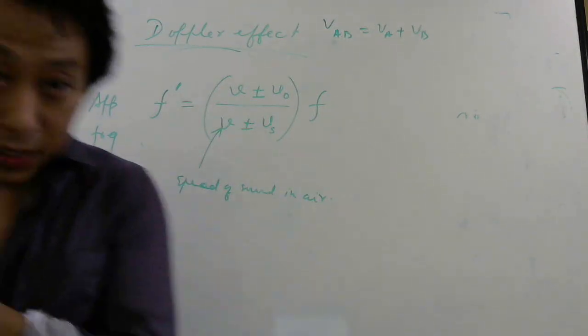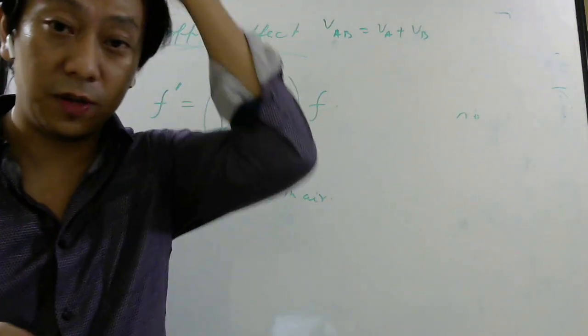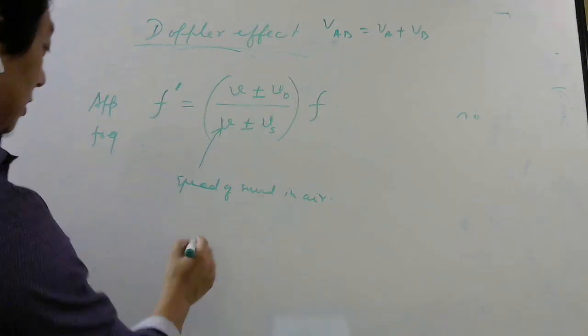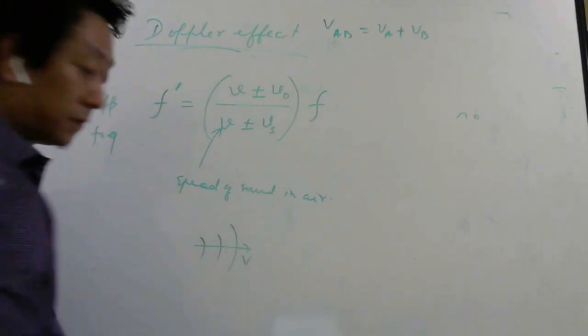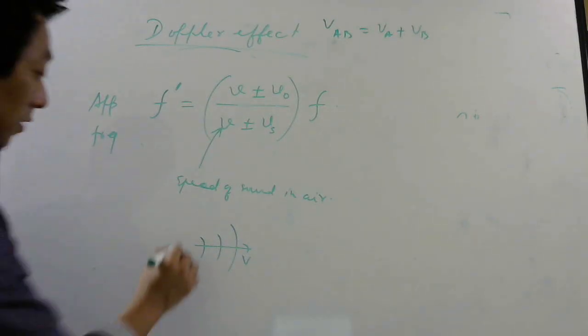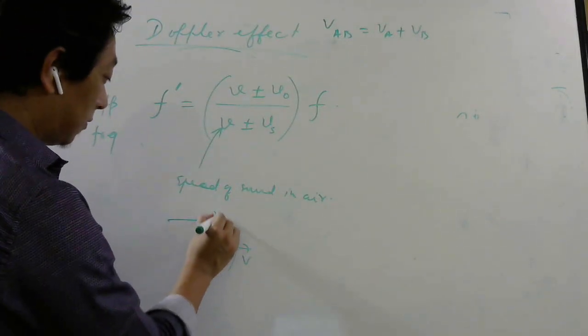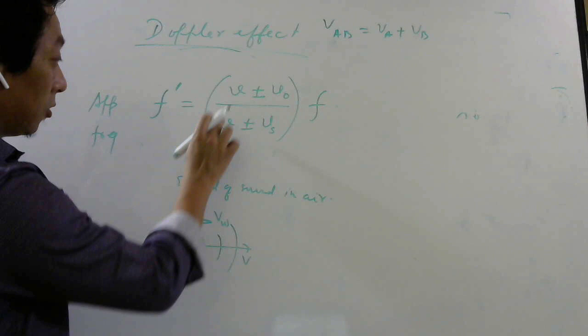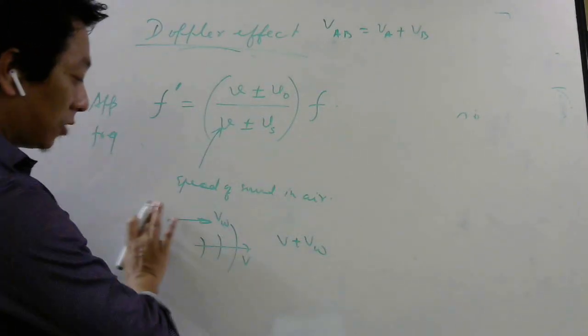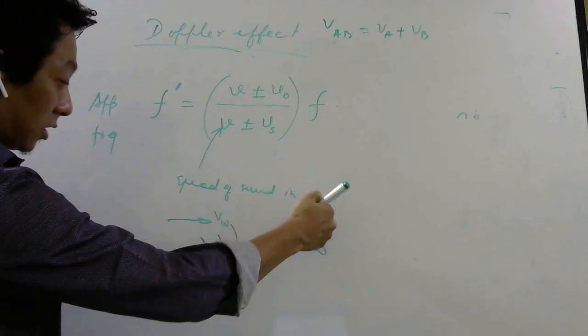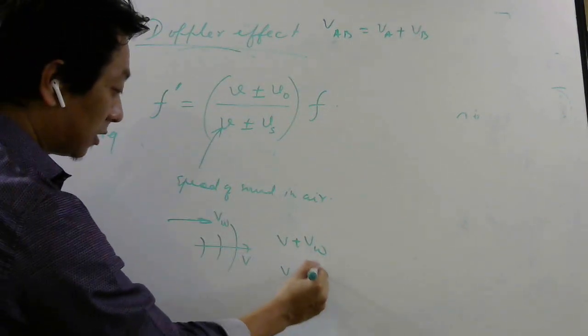So if air itself moves with respect to the ground, if there is a windy day, okay, suppose sound is going this way with speed V in air. Now if air itself is going with this speed Vw, then here you have to replace this V by V plus Vw, if sound is going the same way. If sound is going in the opposite direction, V minus Vw.